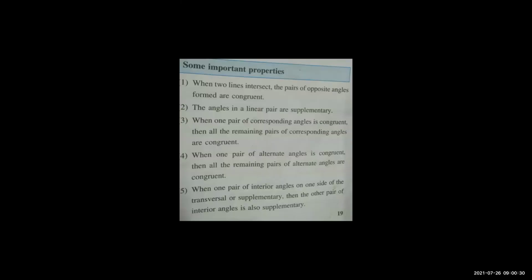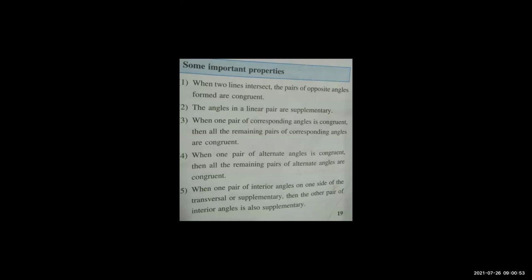Here you can see the properties. Now see the first property. When two lines intersect, the pair of opposite angles formed are congruent. This is the property regarding opposite angles, that means vertically opposite angles.